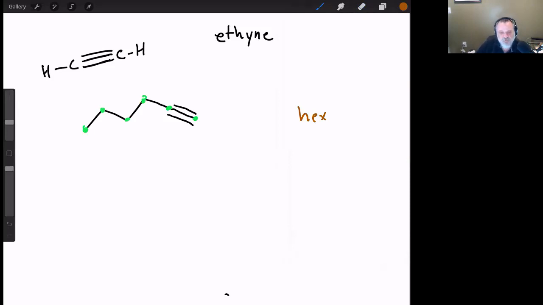Well, we're going to number the carbon chain in a similar fashion as we did with double bonds. We're going to number the chain in the way that gets us to the triple bond the fastest. And so that means we have to number this way: 1, 2, 3, 4, 5, 6. So this is hex-1-yne, or also as acceptable, 1-hexyne.